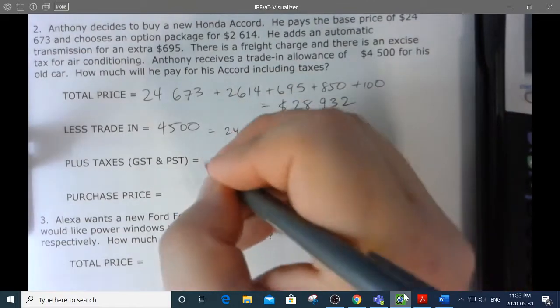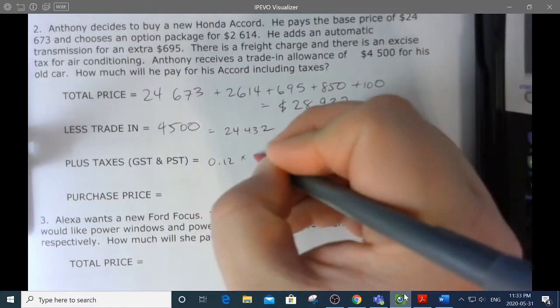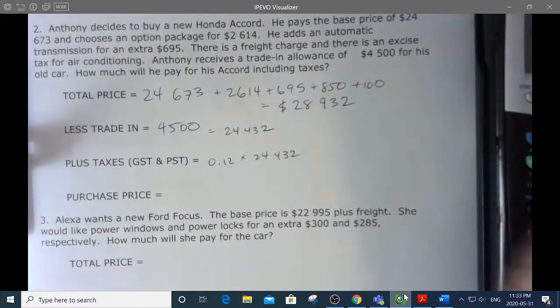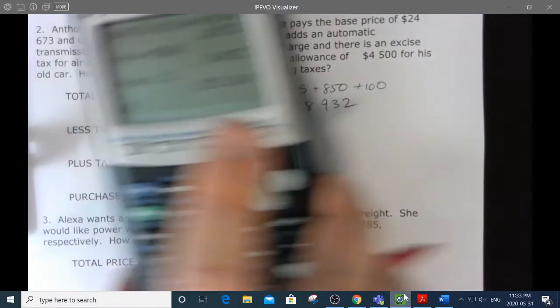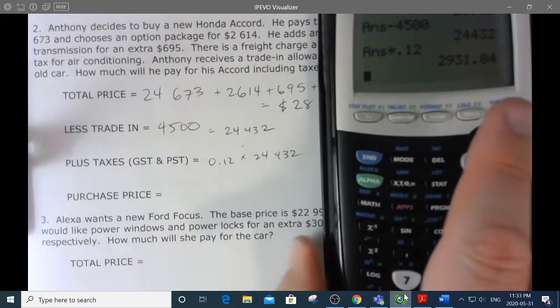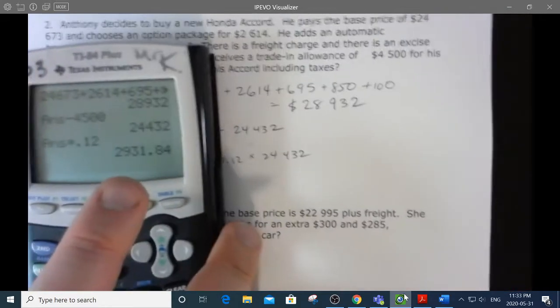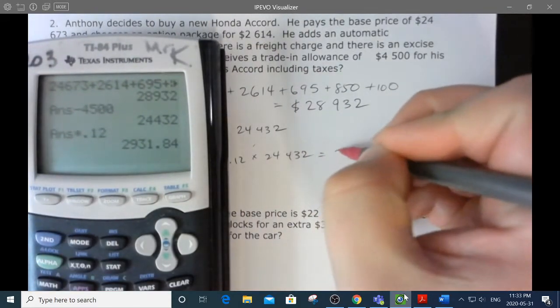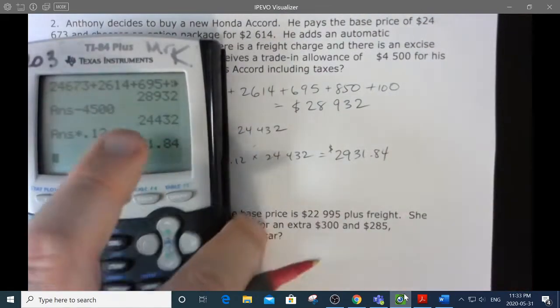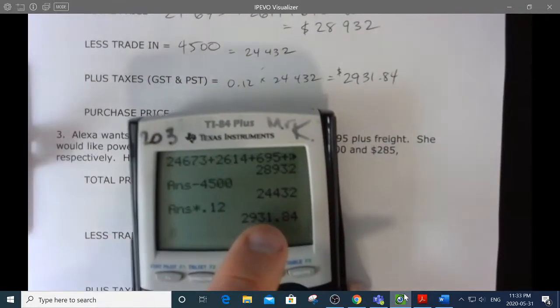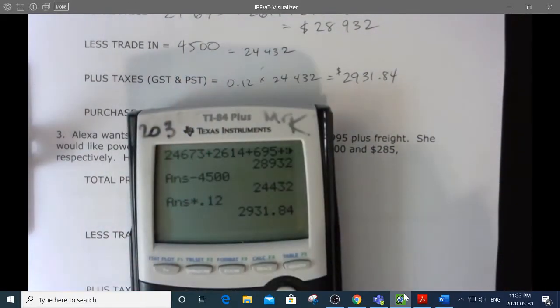Now we want the taxes on that, which is 12% of $24,432. And so he's paying $2,931.84 in tax. So his grand total is to add that to $24,432.